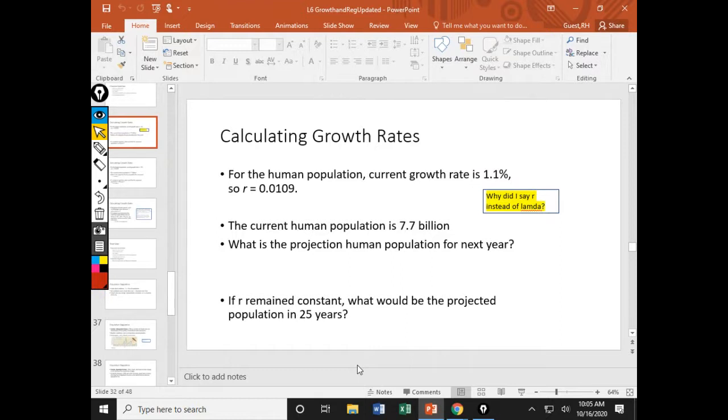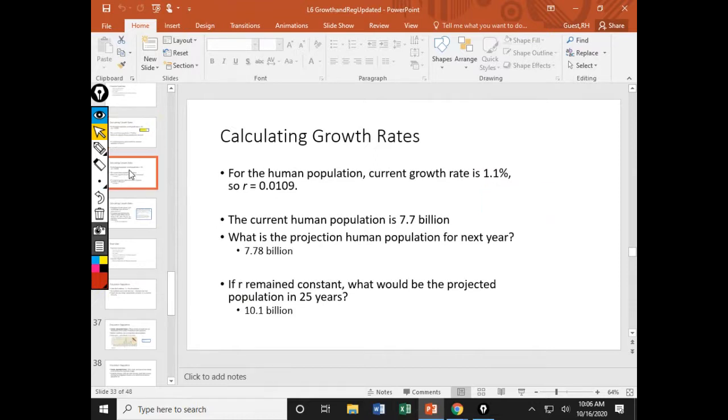Times 25, there we go. Does not quite work. You're going to shortchange yourself on that one.